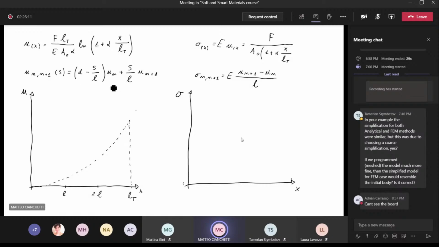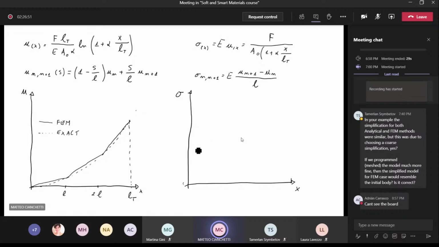It is composed of segments that have length L. Okay, let's pretend that these are lines. The solid lines are the visualization of the FEM approach. The dotted lines are the exact solution, analytically solved.